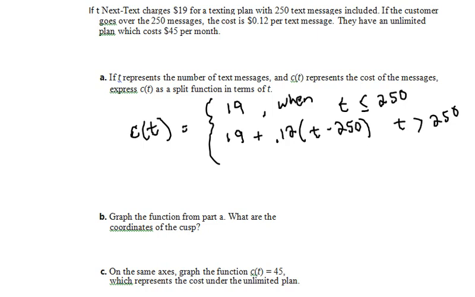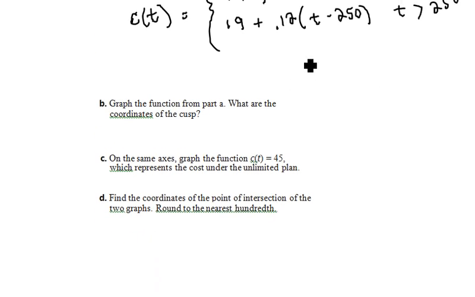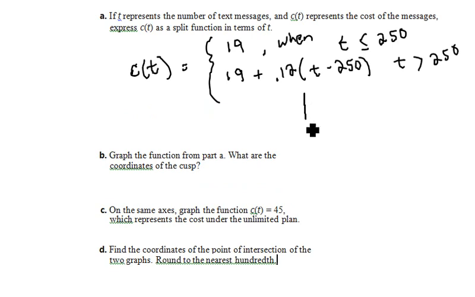Now if I were to sketch this graph, I'll sketch it over here. Alright, here's my graph, something like this. Rough sketch. This is the text, and this is the cost.